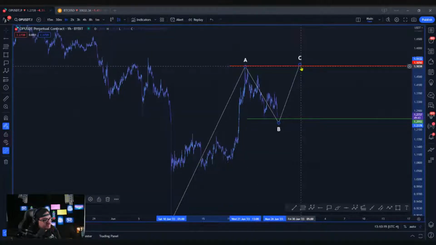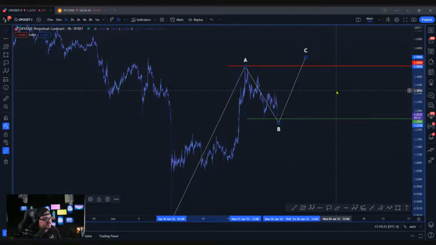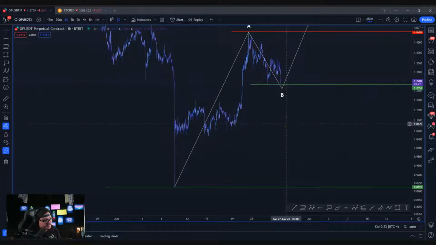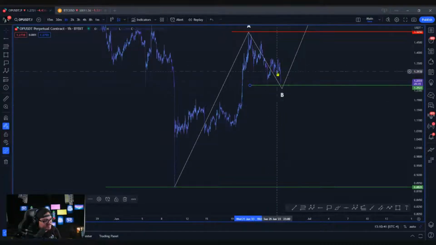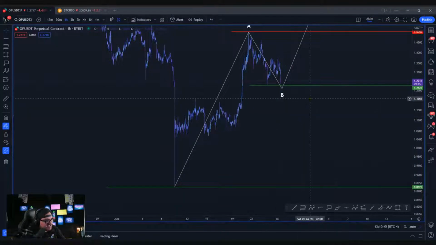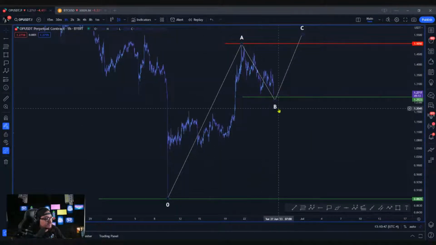All right, so we can go ahead and put in that initial A wave. We're putting in an ABC for a B, and maybe get one more push higher to a C. Just keep in mind, we need to get a reclaim of that level. If we do not reclaim it, that's going to tell me a different story. And if we push straight through and continue to push down a lot further than this previous local low and not respect the setup, I'm going to be more inclined to look for the bearish count, which I mentioned before.